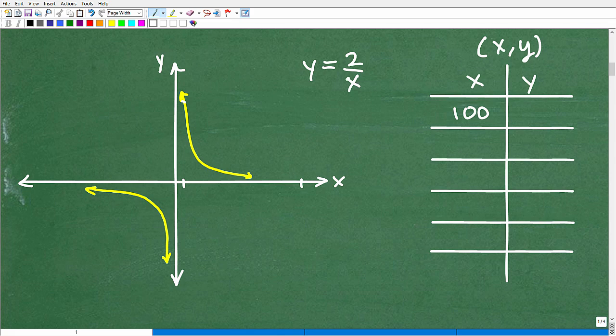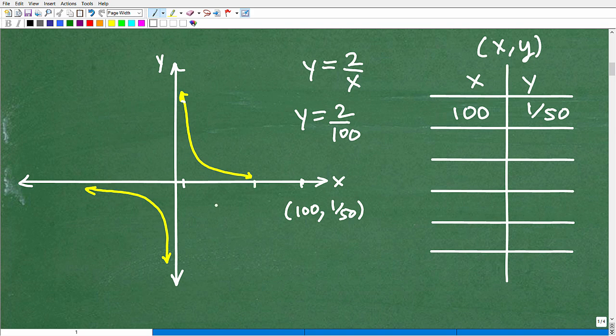If I plug in 100 for x, I get y equals 2 over 100, which reduces down to 1 over 50. That's pretty small. So way out here is a point: x is 100 and y is 1 over 50, a very, very small value. You can see that this graph is approaching this way.